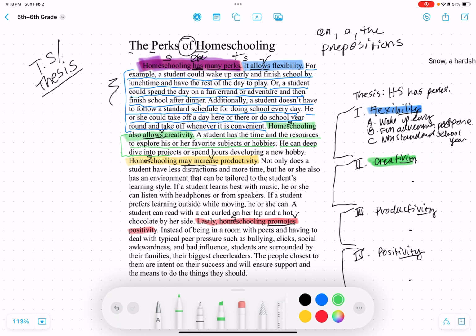He can deep dive into projects or spend hours developing a new hobby. So we could probably add some more examples there for creativity. But for now, we're going to list off A, time and resources for creativity, and deep dive.